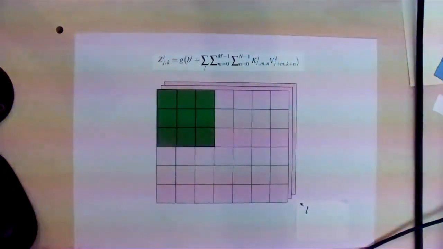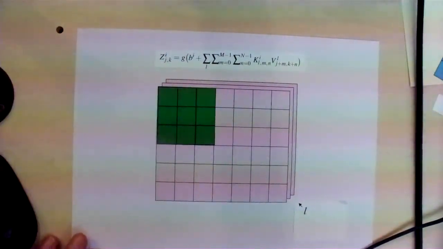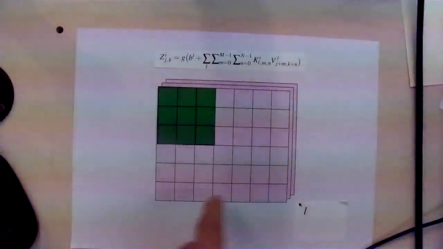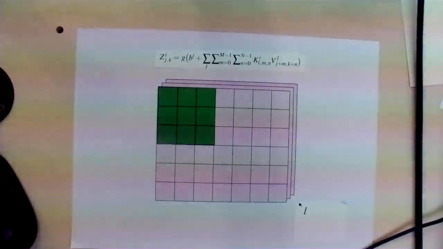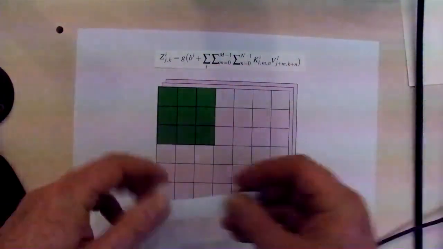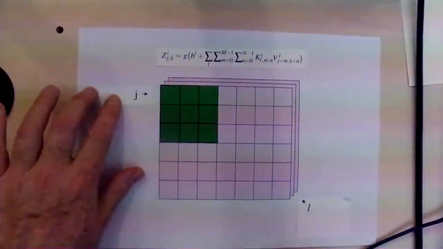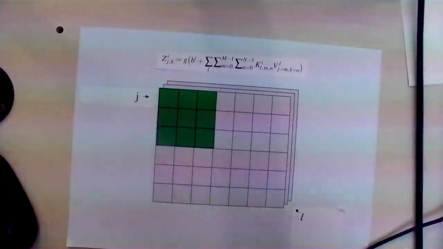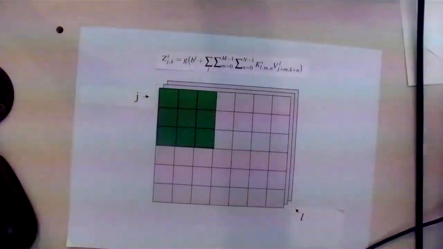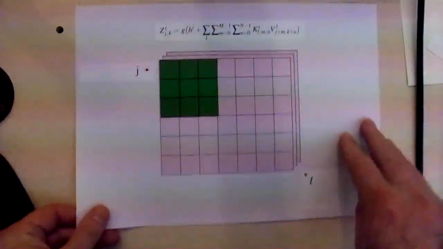I think that's a bit better even though it's darker. So we call the red, green, and blue 3 different channels. And then the J and K are used to index the pixels.